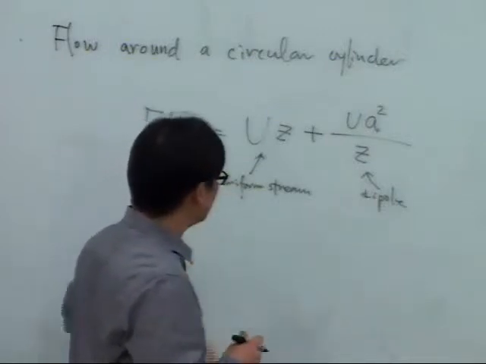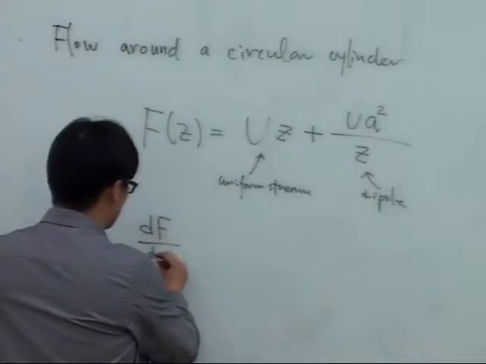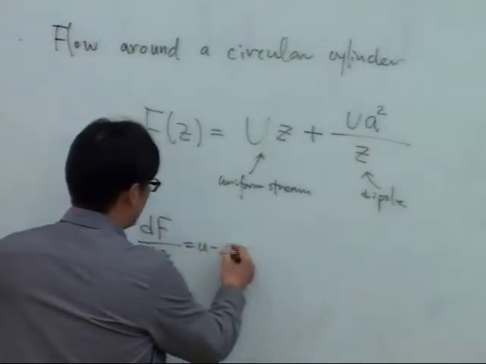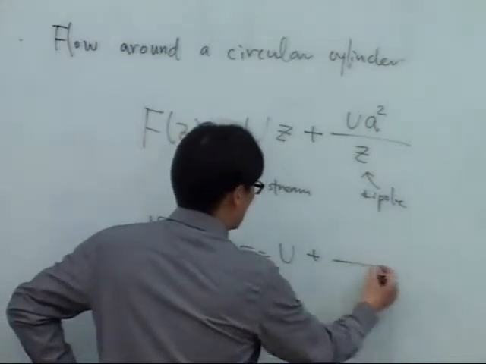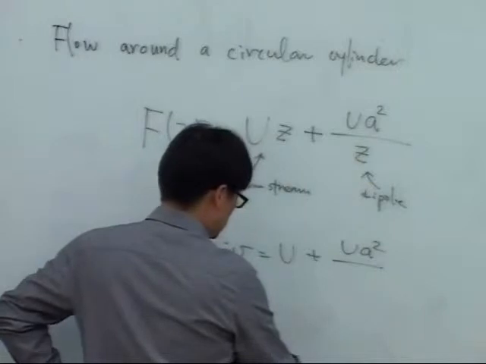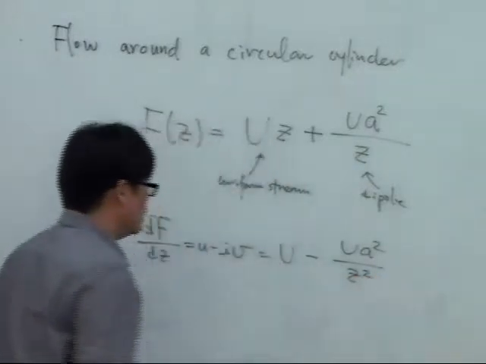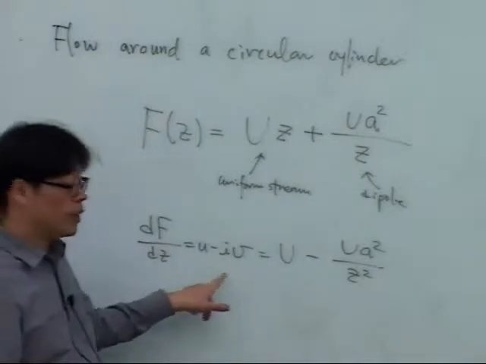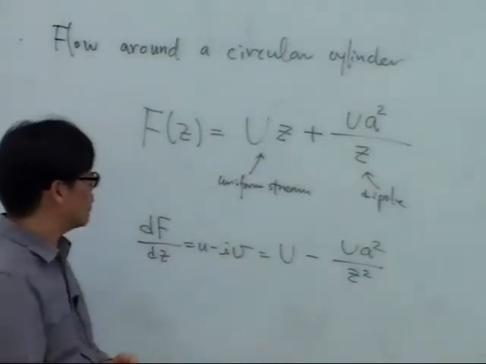And when you take a z derivative, you will get the complex velocity, which is u minus iv. So if you take the real and imaginary parts, you can get the horizontal velocity and vertical velocity.